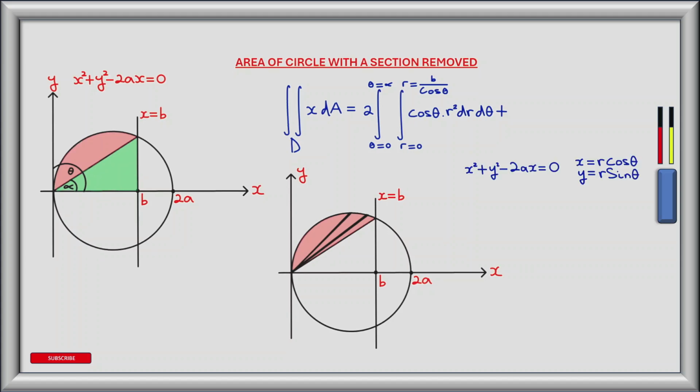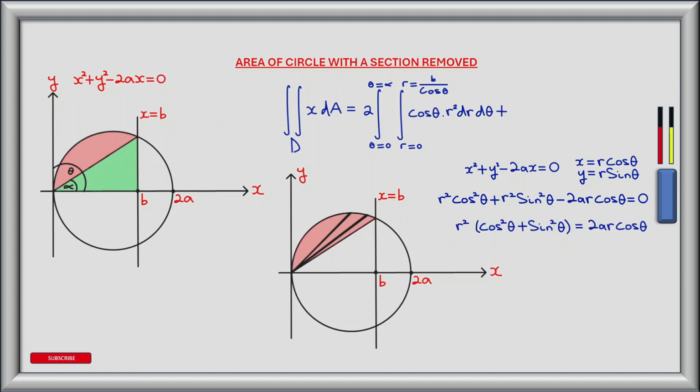To determine our upper limit of integration in the r direction, we need to take the equation of the disk represented in Cartesian coordinates and convert to polar coordinates. To do this, we will substitute r cos theta for x and r sin theta for y. After making the substitution, we're left with r squared cos squared theta plus r squared sin squared theta minus 2ar cos theta equals 0.